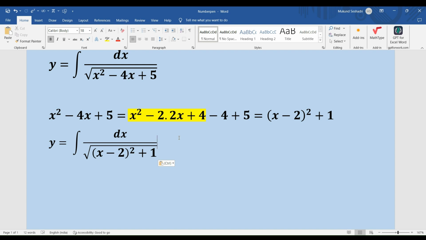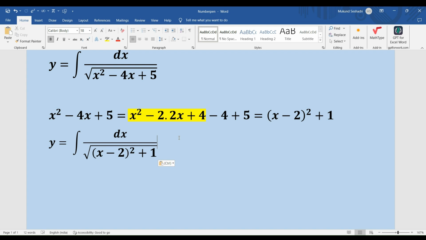So far we have seen problems of the type integral of dx by square root of x square minus a square. I'm referring to the couple of the problems we solved in our recent videos, but in this particular problem we have integral of dx by square root of x minus 2 the whole square plus 1, right?